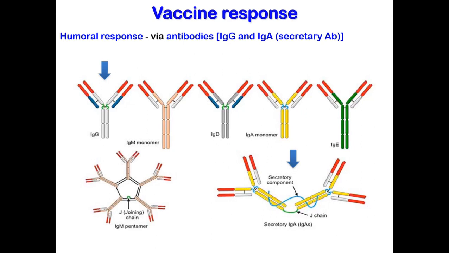Prior to antibody secretion, the plasma cells assemble IgM molecules into pentamers. So that's 5 individual antibodies, and these are linked by a joining J chain. We can see this on the bottom left hand of the slide.